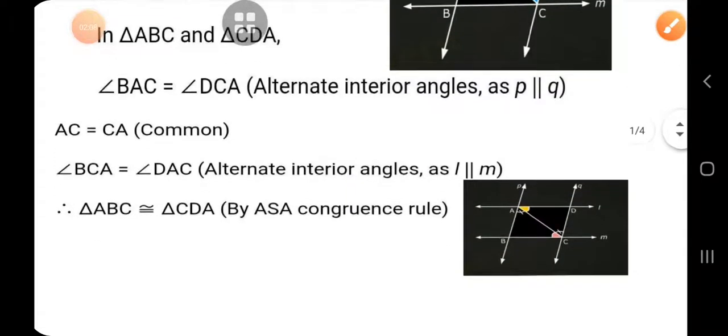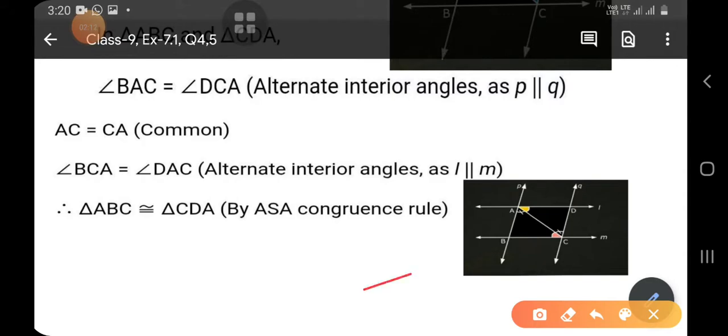Now in the same triangle but with different lines here, the line L and M, look at here, both are parallel, so here AC will be transversal, and the angle A and angle C.